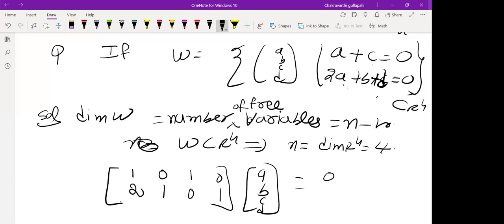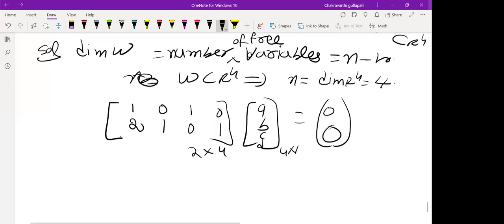Equal to 0. This is 2 by 4, this is 4 by 4, so this is 2. Ax = 0. So we have to find the number of free variables. N is 4, the number of columns, R4. But we have to find what the rank is. How to get r? This is the leading element.